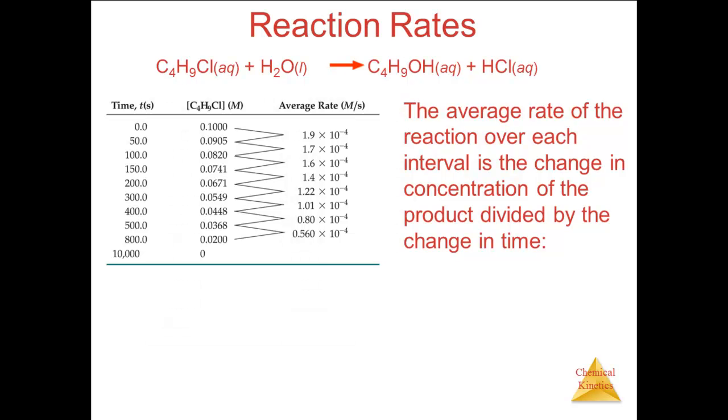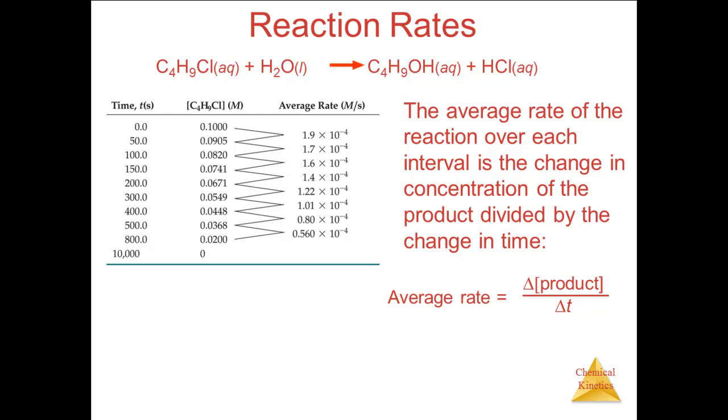As mentioned earlier, the average rate is the change in concentration of the product with time. Mathematically, it is written average rate equals delta [product] over delta t. The square bracket is read concentration of product, and the delta is read change in.